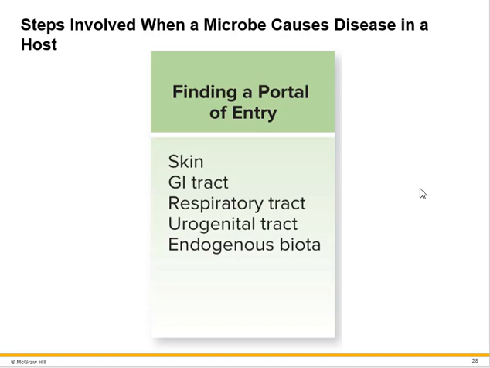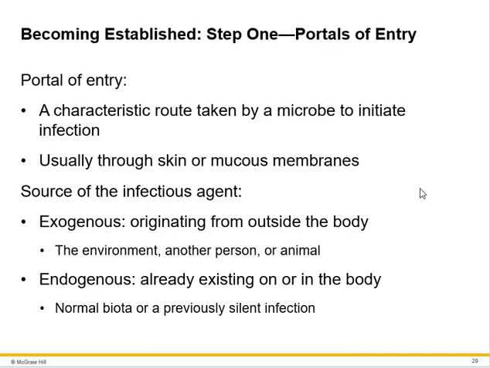So normal microbiota exist on the skin, the GI tract, the upper respiratory tract, the urogenital tract, and so those are portals of entry as well as locations where we find normal microbiota. And endogenous biota is not a portal of entry per se, it's just that some bacteria are already present and they find a way to go to a different area.